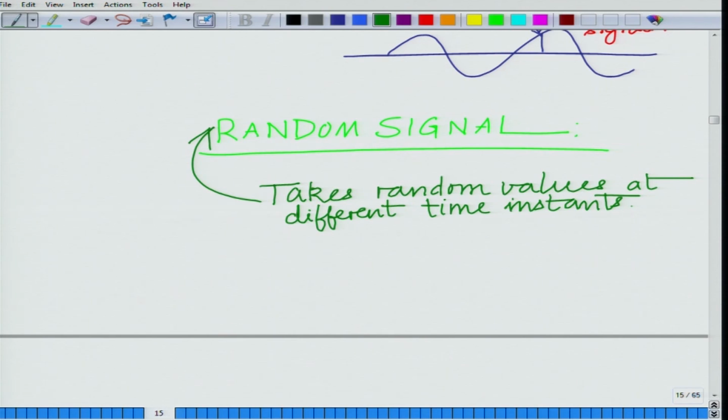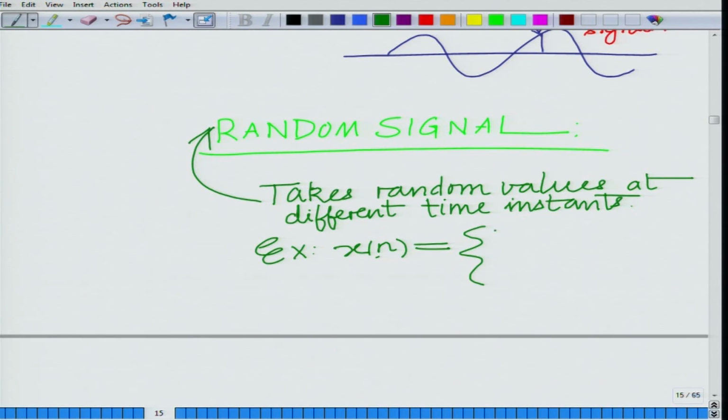For instance, for example, x of n. So, let us say you are signaling the outcome of a coin toss experiment.